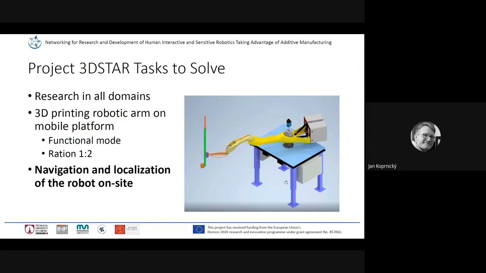What you can see on the right side is a design of this arm. It's being manufactured now, and it will be presented in 1 year, hopefully on a mobile platform with already solved navigation and localization tasks, which is the next part of this presentation. That's for the moment all from my side.